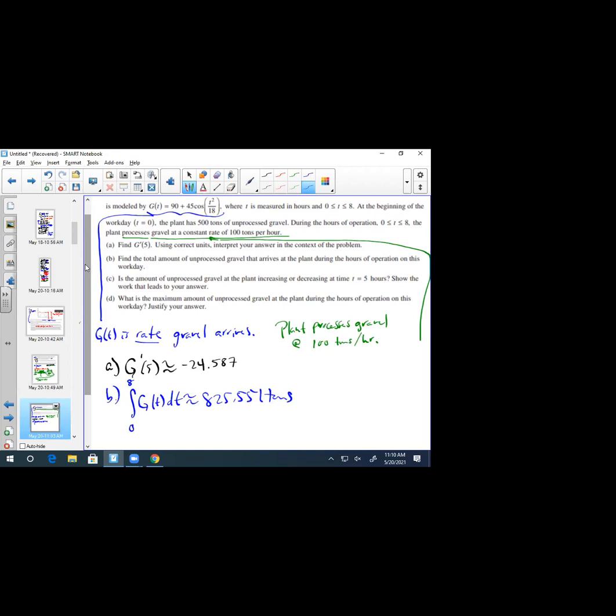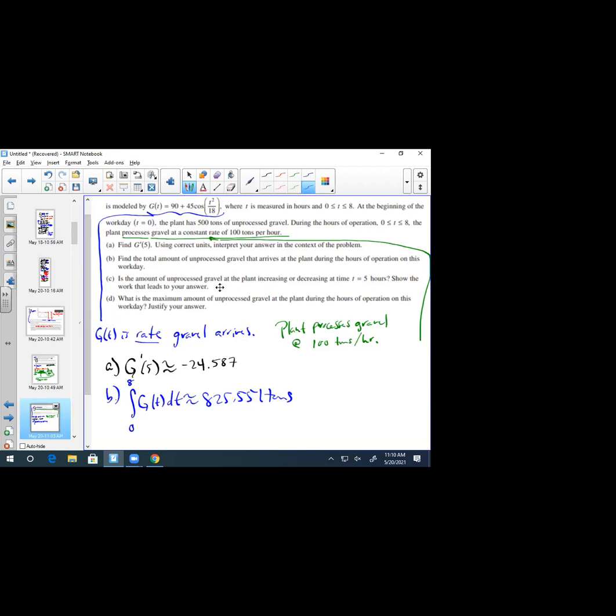Okay, so is the amount of unprocessed gravel at the plant increasing or decreasing at t equals 5? So what are they asking for here? What are they asking for?